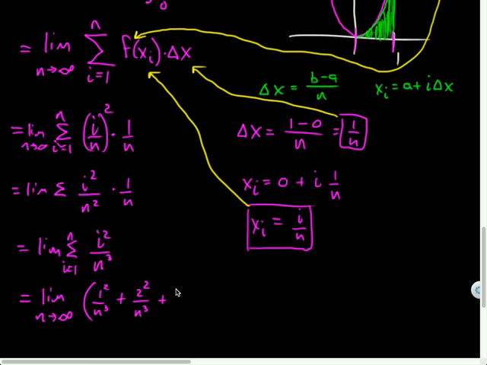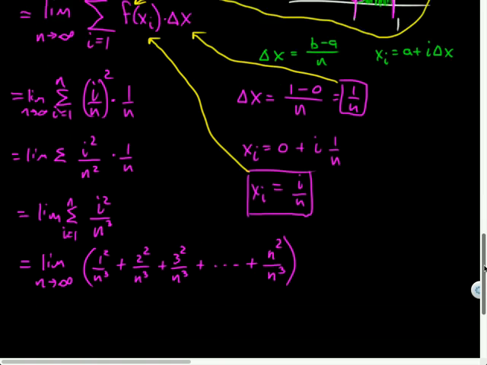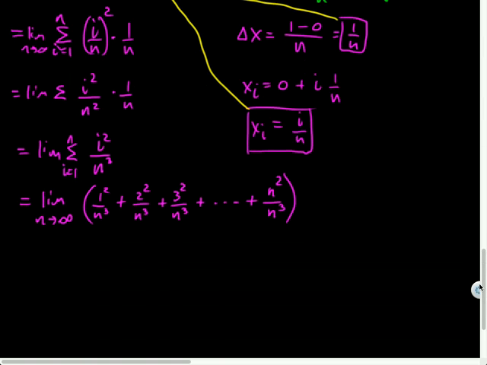And when i is 3, it would have been that plus 3 squared over n cubed, and it cycles all the way through to n squared over n cubed. Not infinity yet, because I haven't done the limit. So that's what the sigma meant. Can we agree? i is going from 1 to n, and n is approaching infinity.